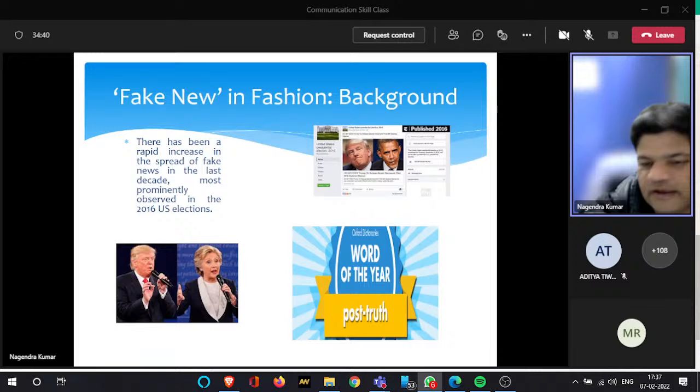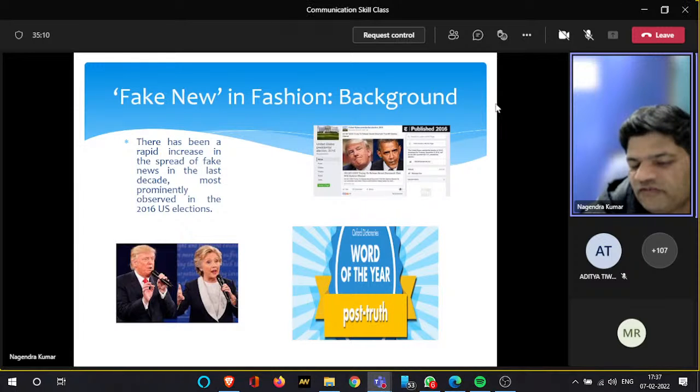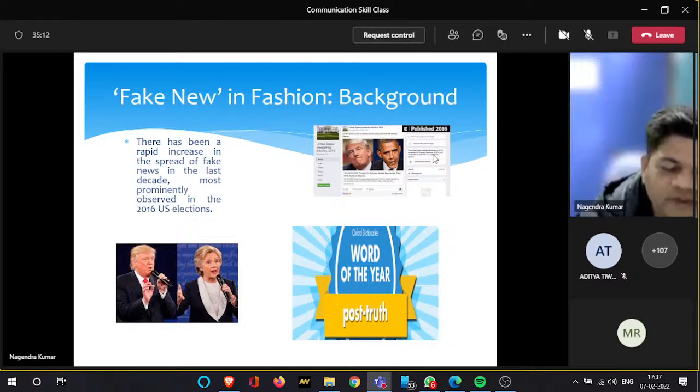And we are living in an era of post-truth where whatever media projects and presents becomes the truth. And the political parties that are more advanced and more sophisticated are using such fake news. And the best use of these media platforms is being made by the parties that have the best media managers.